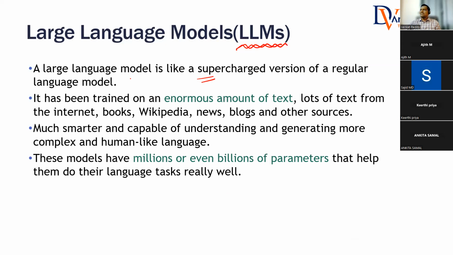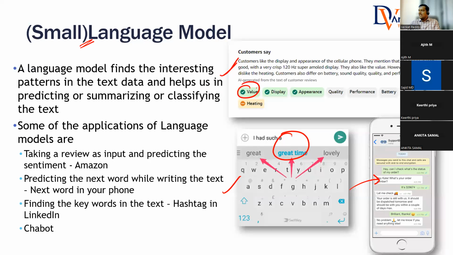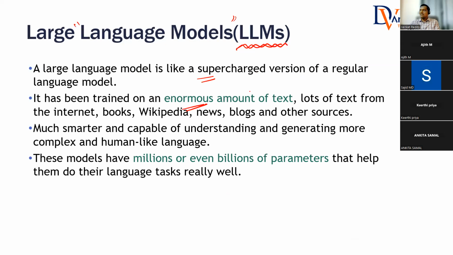What are large language models? What is the main distinguishing factor? Here is the main distinguishing factor between usual language models that work on normal text data versus large language models. The data that is used is enormous. The regular language models were trained on a small amount of data, but these large language models literally took everything that is available on the internet.